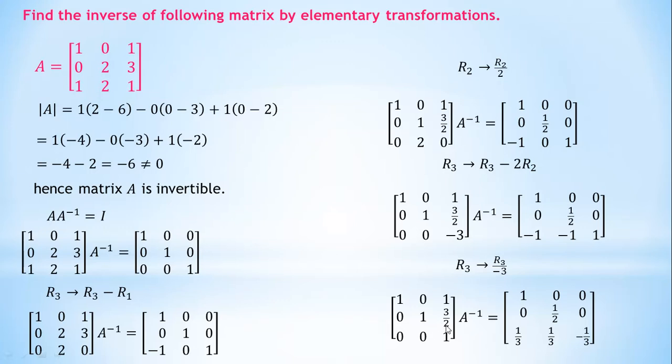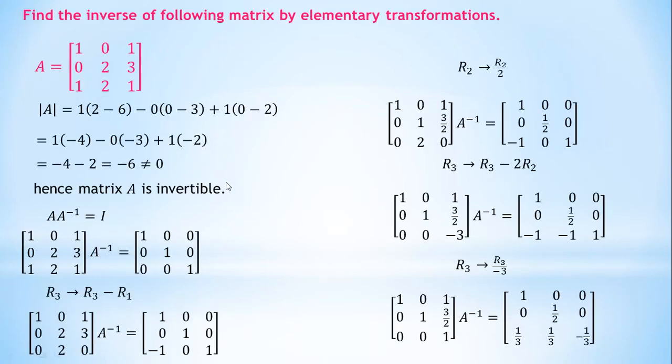Here we get 1. Now we require 0 here and then 0 here. So what will you do? Just see here. R2 changes to R2 minus 3 by 2 R3. See the previous step. What is the procedure? We have to change R2.